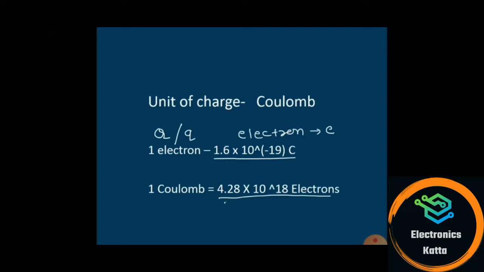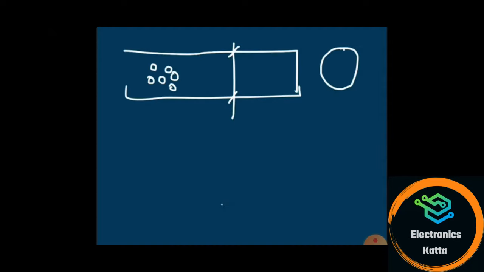As we have understood the concept of charge, now let's talk about the concept of current. Let's assume that we have a piece of copper wire, and electrons are flowing through this copper wire, and we want to find out how many electrons are flowing through it.